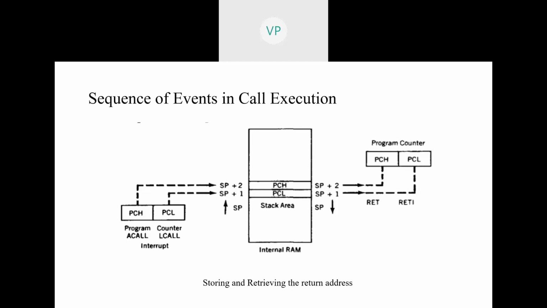Maybe after the call instruction there is a next instruction, and its address will be stored in the program counter. While giving control to the subroutine because of the call instruction, the first thing the processor has to do is store the address of the next instruction onto the stack area.